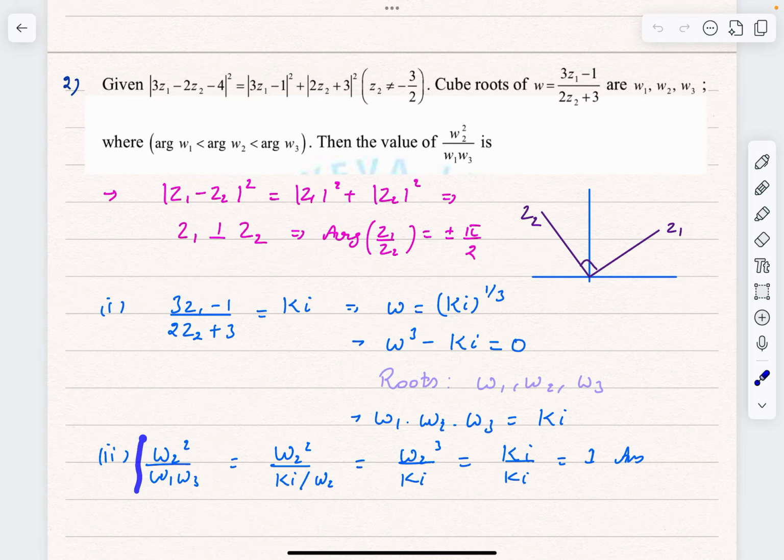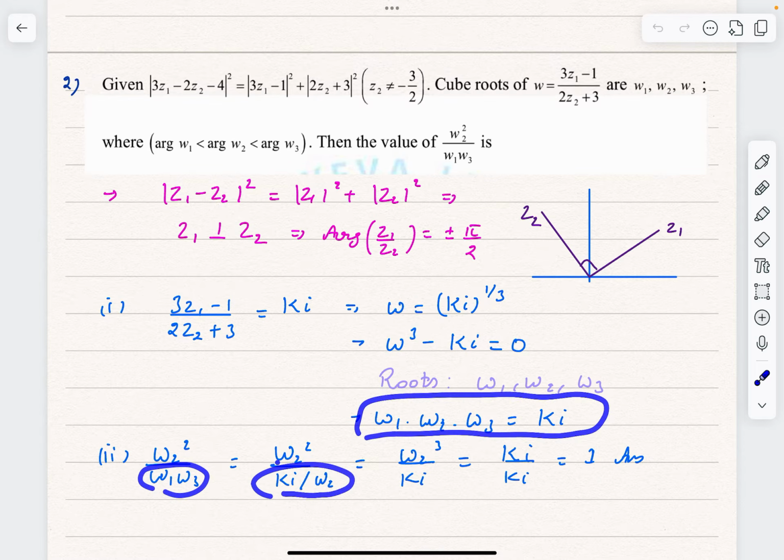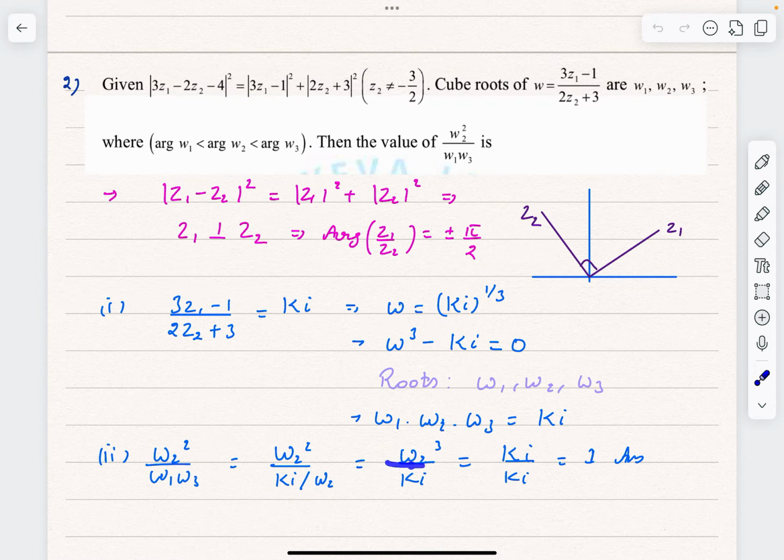Now they ask w2 square by w1 w3. Using the product of roots, w1 w3 is k iota by w2, so we get w2 cube by k iota. And w2 is a root here, so w2 cube will also be k iota. So k iota by k iota you just get 1.